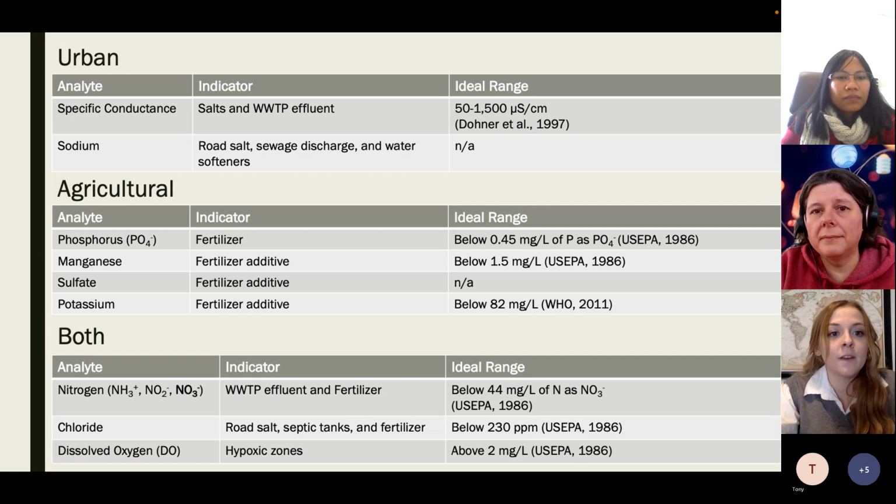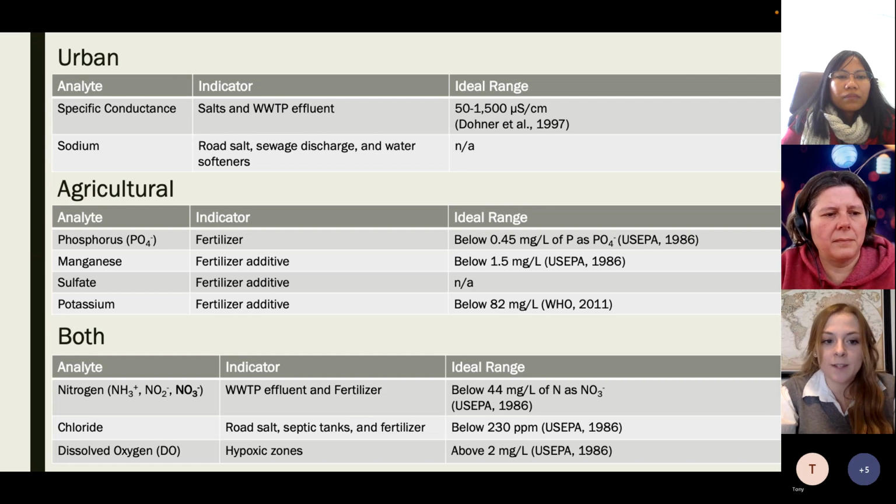In both urban and agricultural areas, there are some parameters where we have to apply a spatial correlation because they are present in both types of land use. The first of these is nitrogen. For this talk, I'm going to be focusing on nitrate, but my thesis does cover ammonia and nitrite. Some sources of these were wastewater effluent and fertilizer.